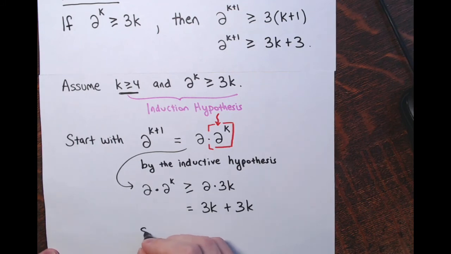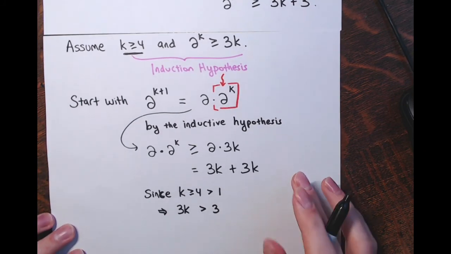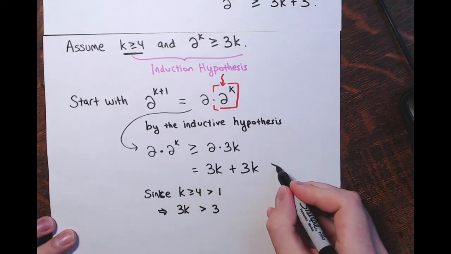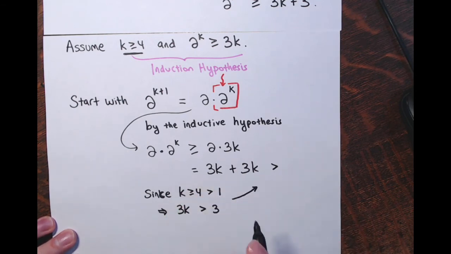And since k is some number greater than or equal to 4, it's definitely greater than 1, isn't it? And then multiplying by 3, that would imply that 3k is greater than 3. So this 3k plus 3k that I've got here must be greater, and then using this here, sorry, this is a bad organization.